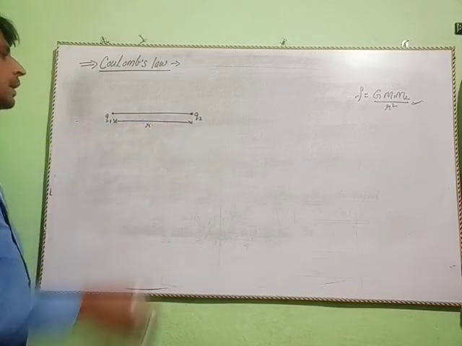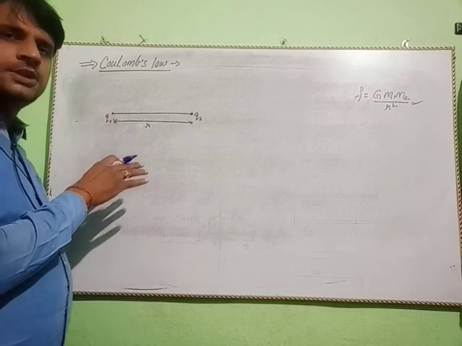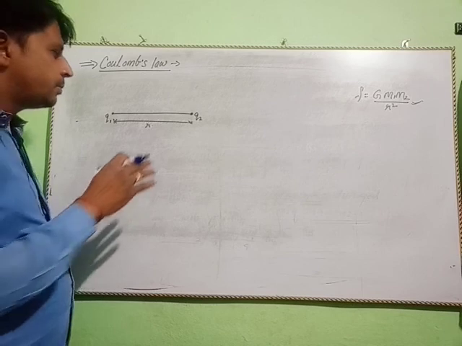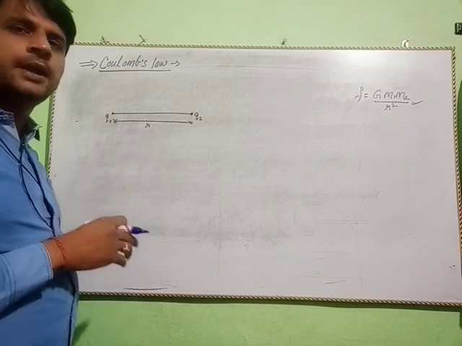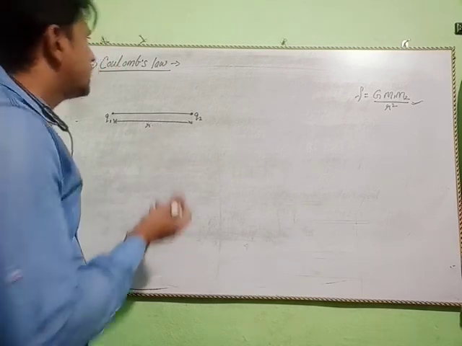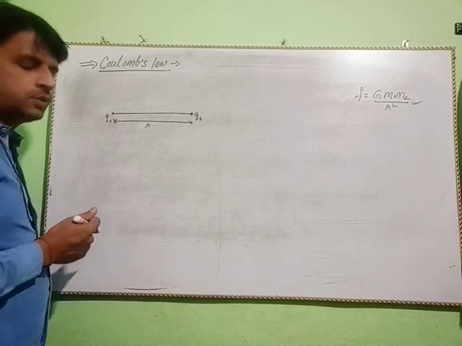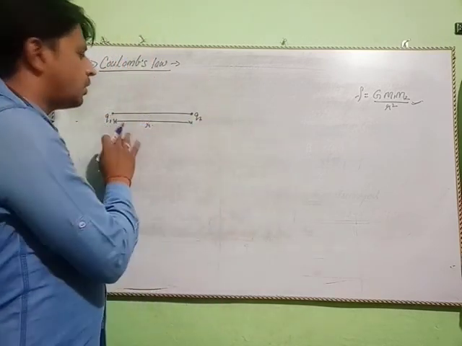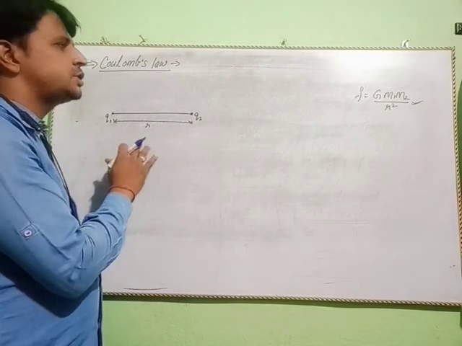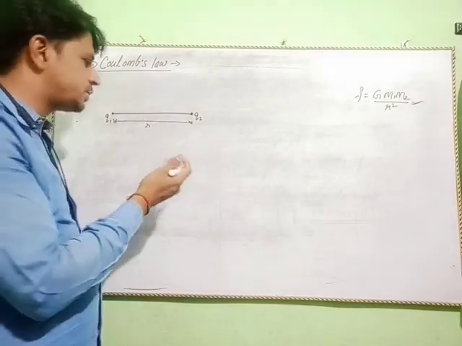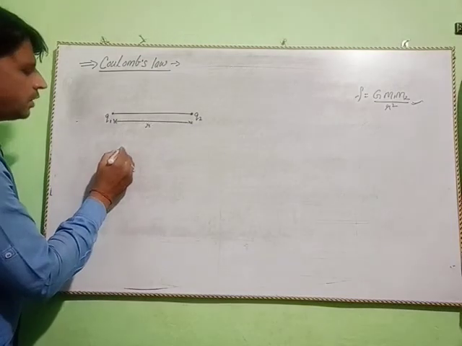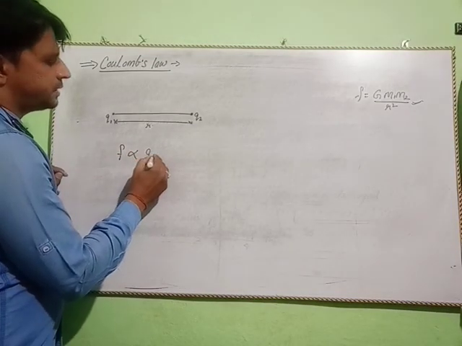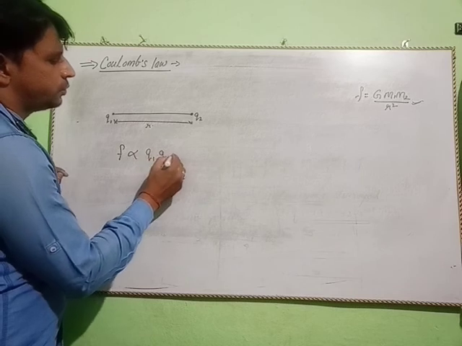Now they will either attract each other or they will repel each other depending on their nature. But with what force they will attract or repel each other, this is given by Coulomb's law. And Coulomb's law states that the force of attraction or repulsion between the two charges is directly proportional to the product of the magnitude of two charges, that is q1 into q2.